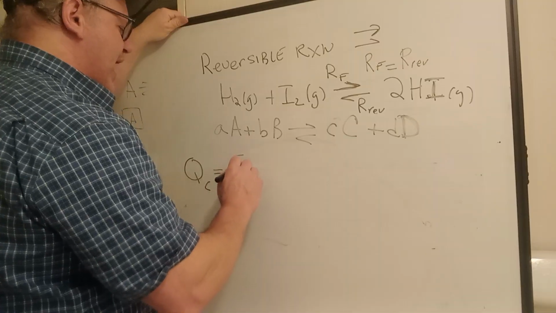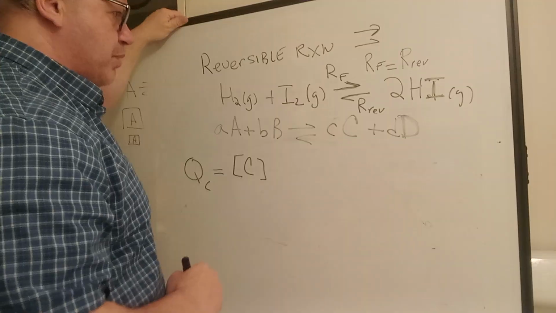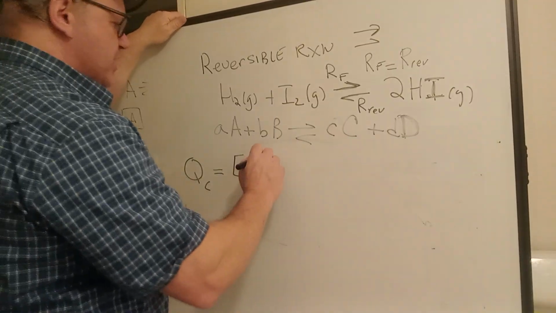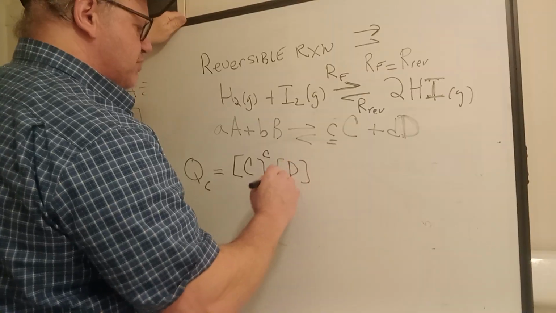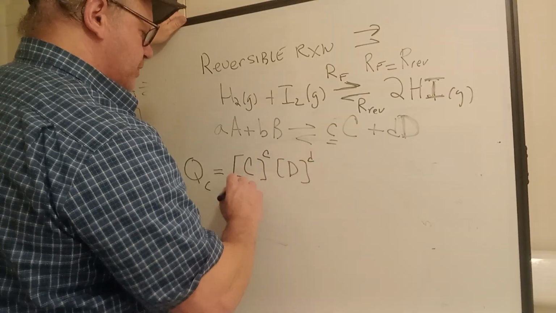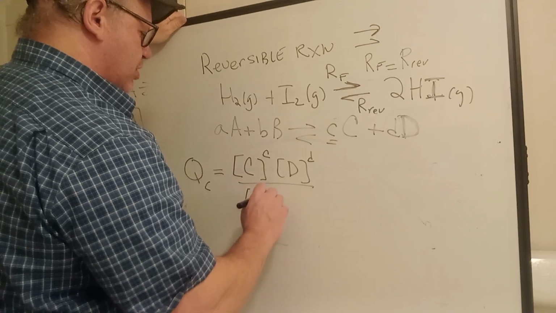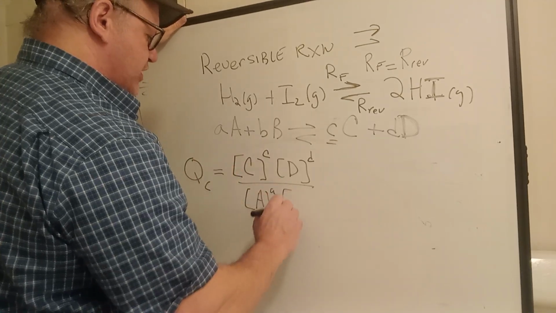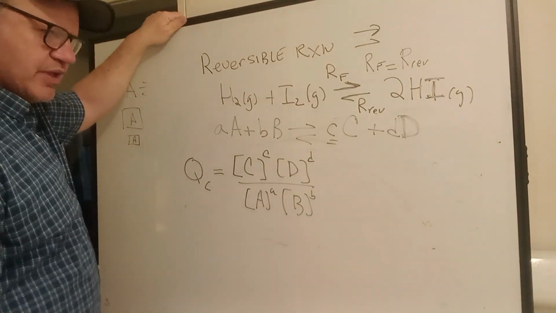Now we use molarity. We're going to focus on aqueous. This is applicable to all solution types. It's the species C raised to the C power. It's the species D, molarity, raised to the D. It's the species A raised to the lowercase a, stoichiometric coefficient, and B raised to the lowercase b. So that would be an example.